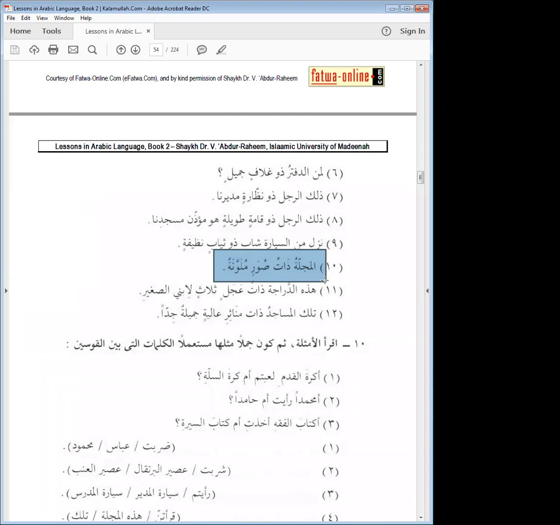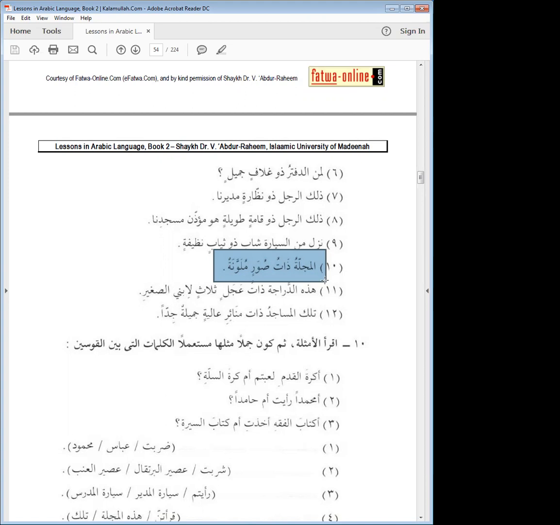The magazine with the colored pictures, or colorful pictures, right? So if the thing described here is definite, al-mujallatu, the magazine, therefore we have to make the suwar and the mulawwana also definite. So what would we say? We would say al-mujallatu dhatu as-suwari al-mulawwanati, right? So the magazine with the beautiful pictures, right?